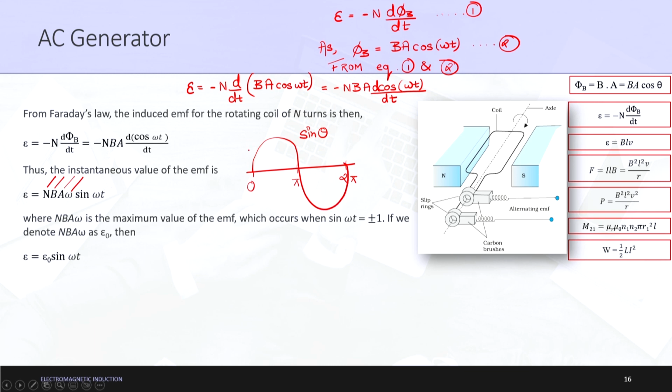The maximum value which sin theta attains is plus 1 and the minimum value which sin theta attains is minus 1. So the maximum value this can attain is plus 1 only. Therefore, epsilon is equal to NBA omega. Because NBA omega is the maximum value, it is written here that NBA omega is the maximum value of the EMF.